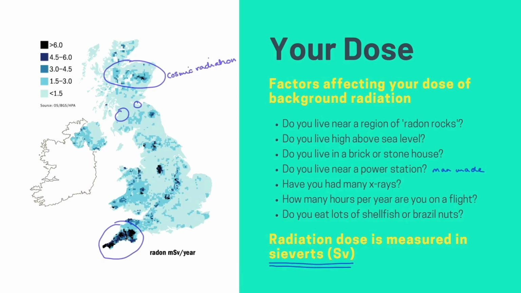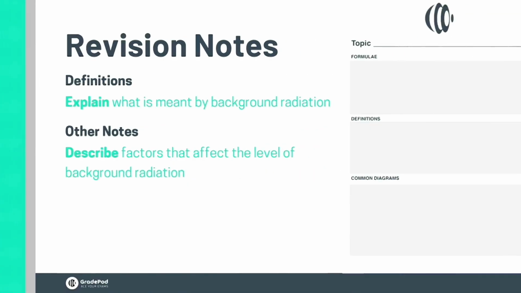That is what we measure background radiation, or your radiation dose, in. It's usually millisieverts. It's usually so small that it would be measured in 1,000ths of a sievert. You're in no danger. If you were in danger, you would know about it. So, whilst we have background radiation around us all the time, it's not of a level that you would need to worry about, unless you did live near somewhere like Chernobyl.